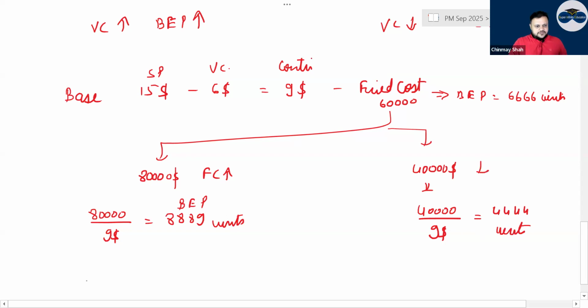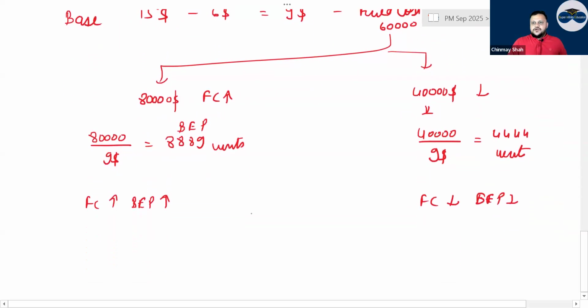So if fixed cost goes up, BEP also goes up, correct? Fixed cost goes down, BEP also goes down. So long story short, listen: if selling price goes up, BEP goes up or down?